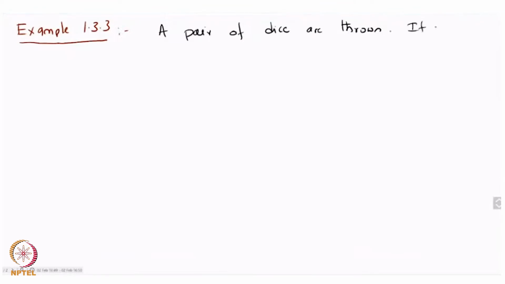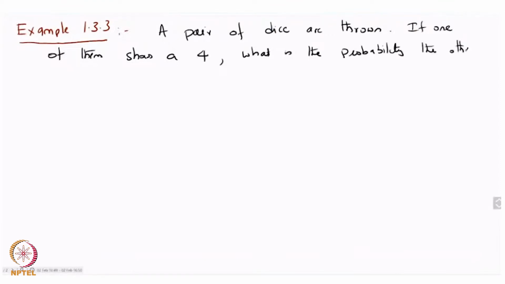If one of them shows a 4, then the question was, what is the probability the other die shows a 6? That was the question. So let me try and answer this. I'll try and solve the example now.